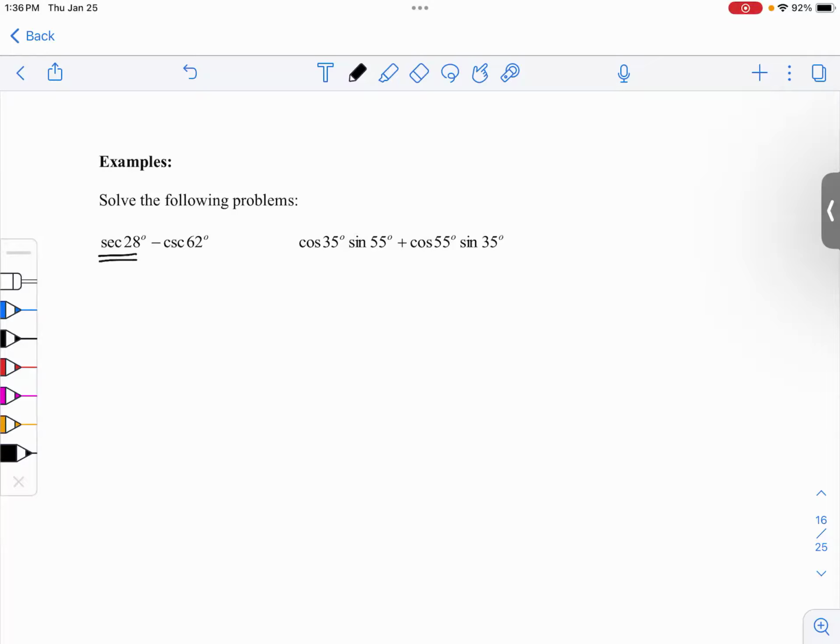The cofunction of secant is cosecant. It's so easy with the name, cosecant. And we just said 90 degrees off of 28 degrees is 62 degrees. And oh, look at that. Cosecant of 62 degrees minus cosecant of 62 degrees is, get your calculator out, 0.